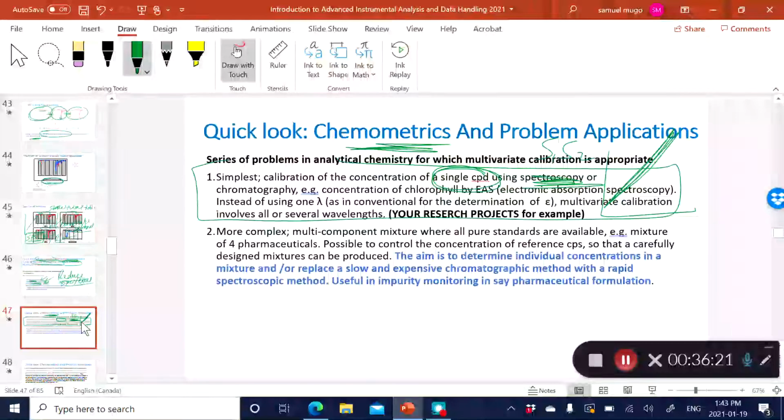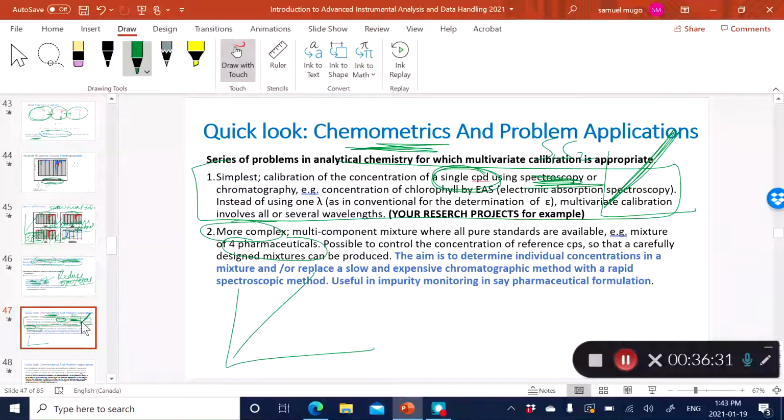A more complex case is where you've got, say, 4 compounds. I've given you an example before, 4 compounds, and you're trying to build a linear regression model for the 4 compounds, but they are already in a mixture. But again, I don't want to do chromatography. Maybe I just want to do analysis of the 4 compounds simply using spectroscopy.